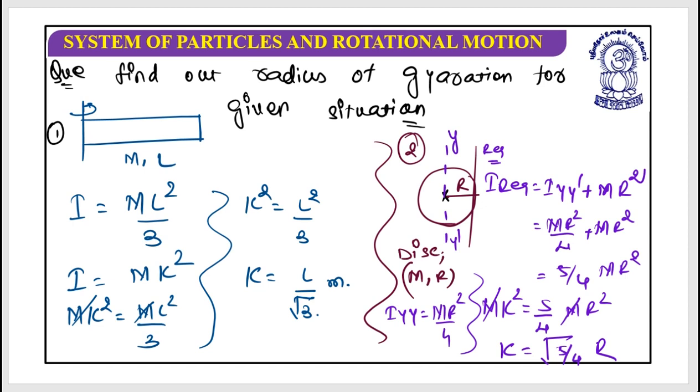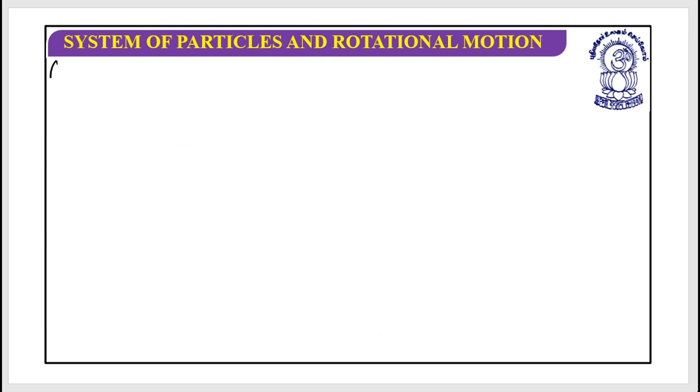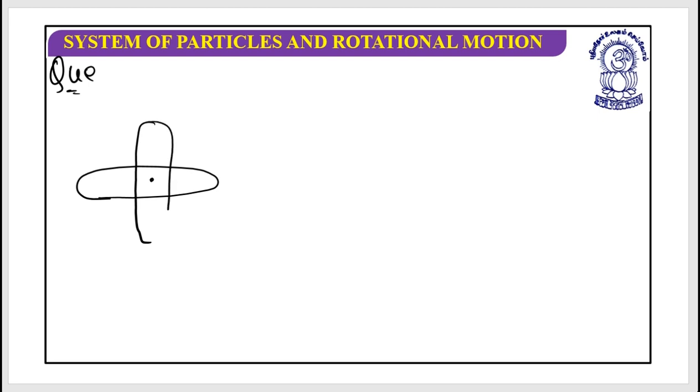Great. Now let's look at one more question. Very interesting question. Let's suppose, see the diagram, that this is one of the rings. Probably this is the center, and this is another ring. Both the rings have the same mass as well as the same radius, and it is rotating through this axis.